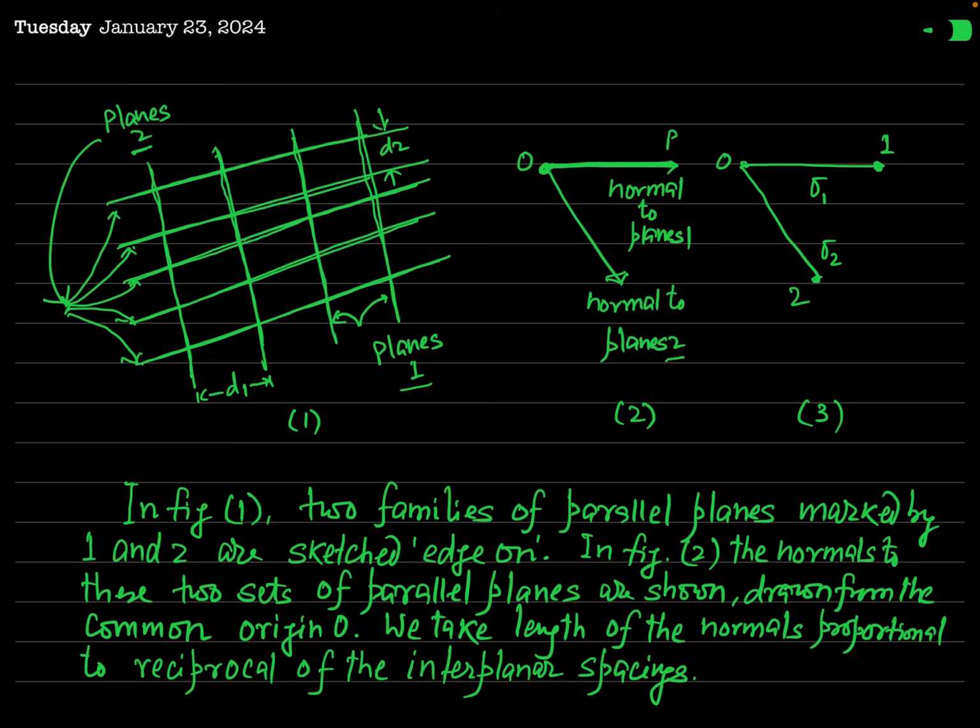The orientation of the planes marked by 1 can be represented by the direction of this normal OP, and similarly the orientation of the planes marked by 2 can be represented by this normal marked by OQ.